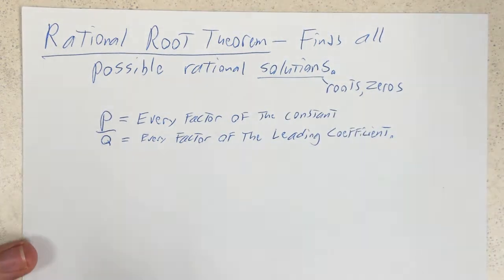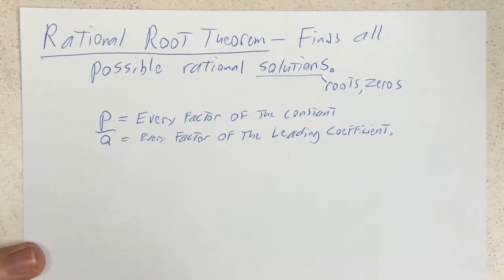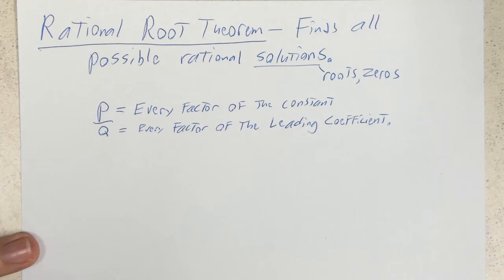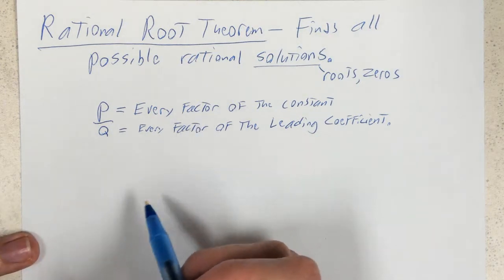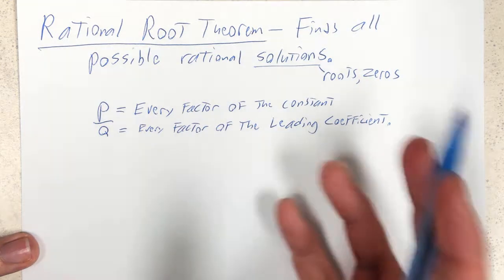So the first number and the last number. Those are the only ones we're worrying about. If we divide the factors of one by the factors of the other, then you'll get every possible solution.